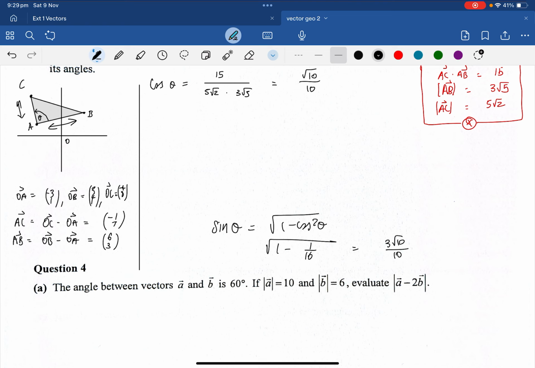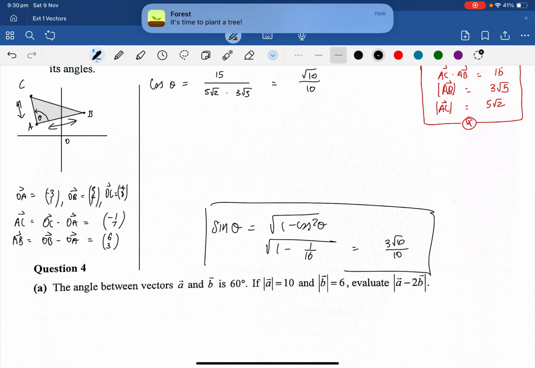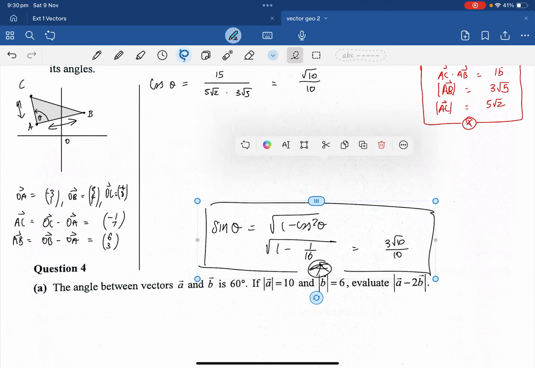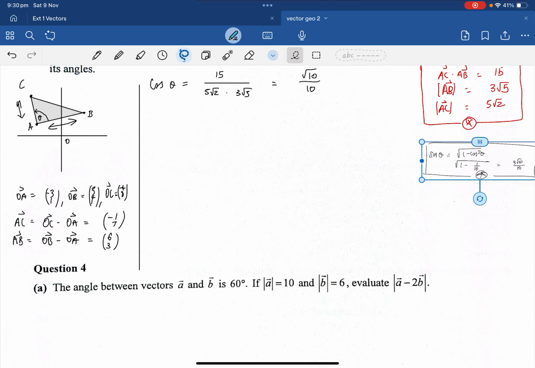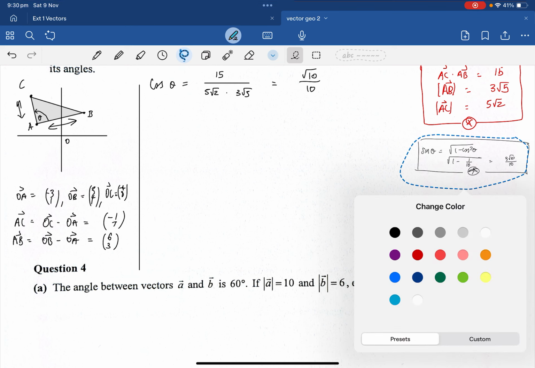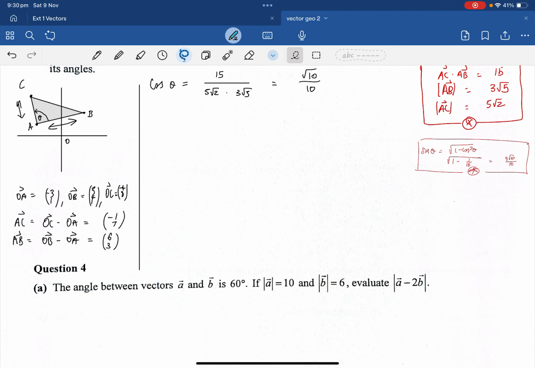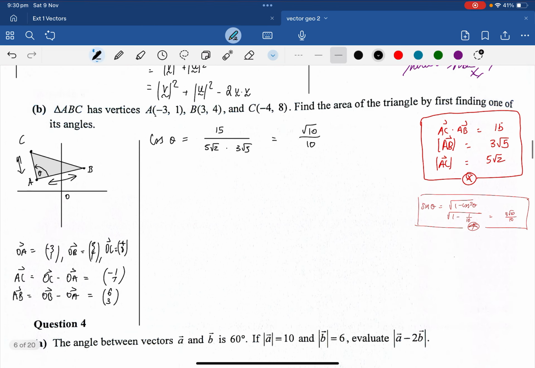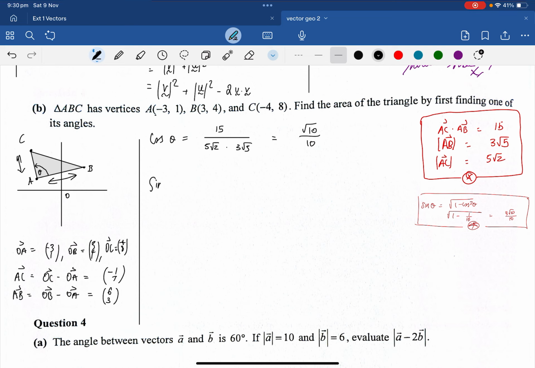So this is the sine of theta, and you can put this into another box. All right, nice. So now we know that sine theta is equal to 3 root 10 on 10.